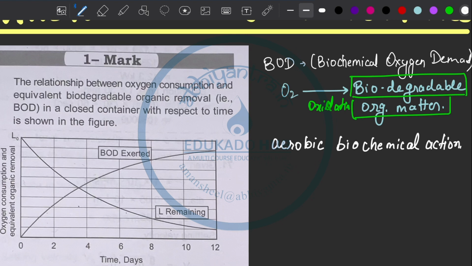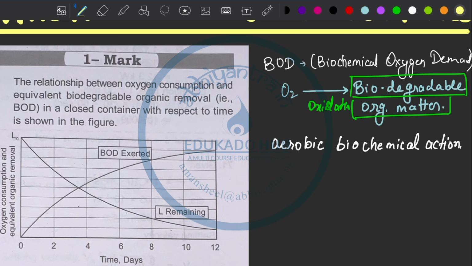Aerobic biochemical action. And we have seen somewhat this kind of relation in the last chapter, that was Chick's law.